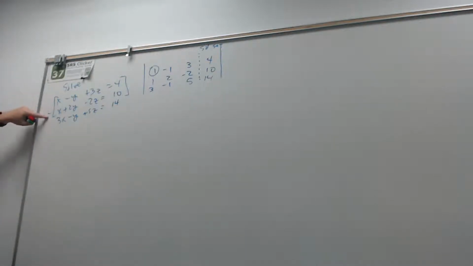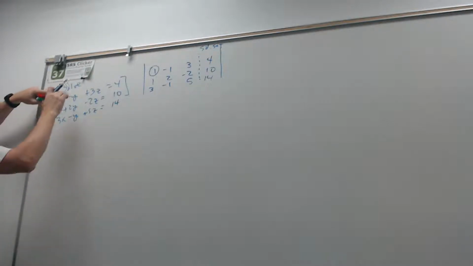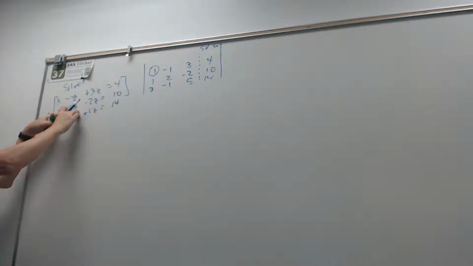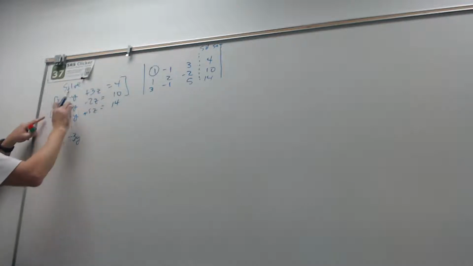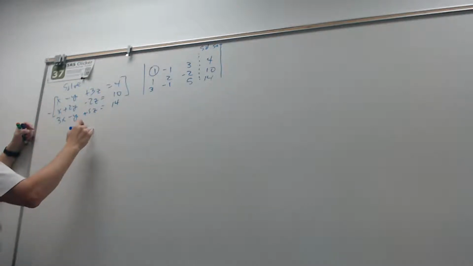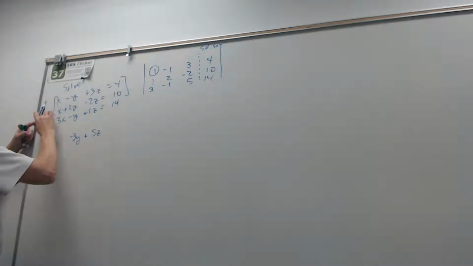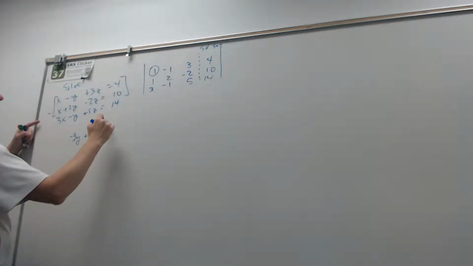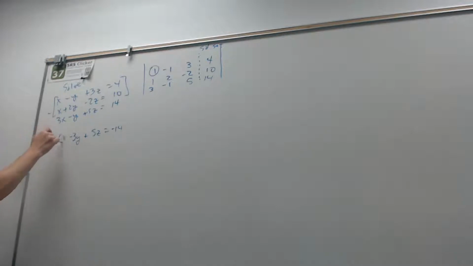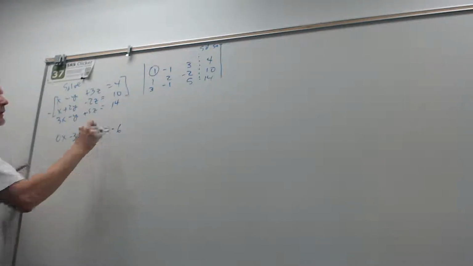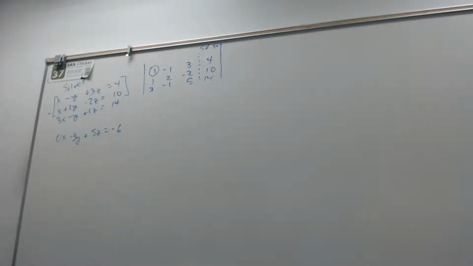So x minus x is 0. -y minus 2y is -3y, correct? 3z minus -2z is 5z. 4 minus 10 is -6. Very good, thank you.